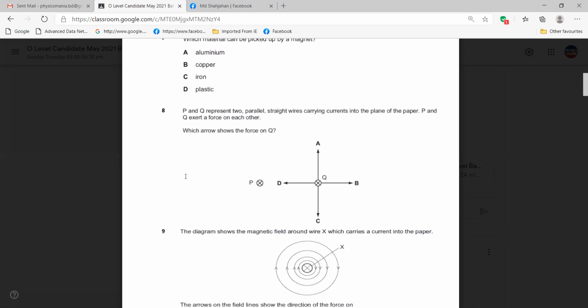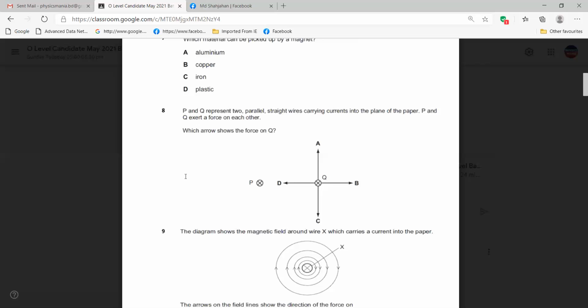So this one is not directly beyond your knowledge, it's indirectly in your knowledge. Like you know the right hand grip rule, right? Yes. The right hand grip rule gives you the direction of current, and also it gives you the direction of magnetic field lines, isn't it?